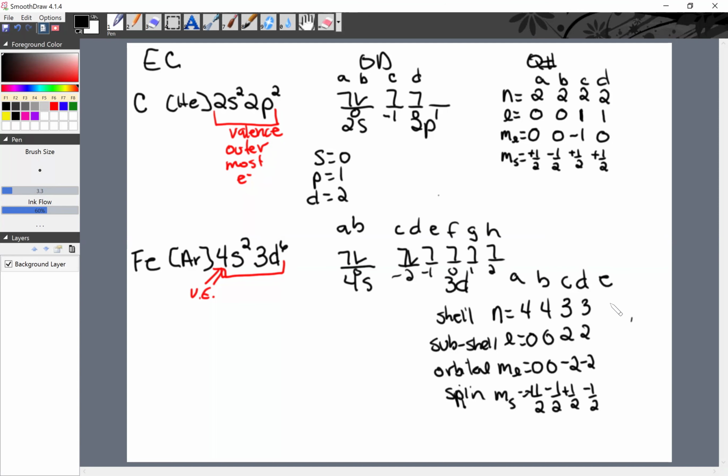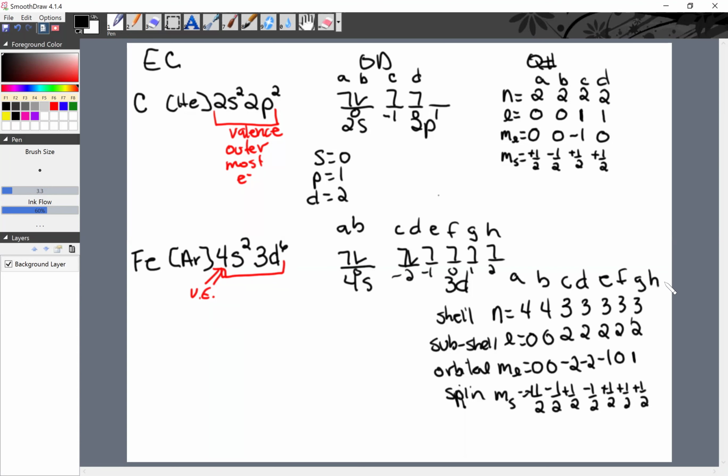E, all right, I'm still in 3. I'm still in shape d, but which one am I in? I'm in negative 1, and it's an up spin. F is 3, 2, but I'm in a different orbital, still with an up spin. G is again 3 and 2, but this time in the 1 orbital.